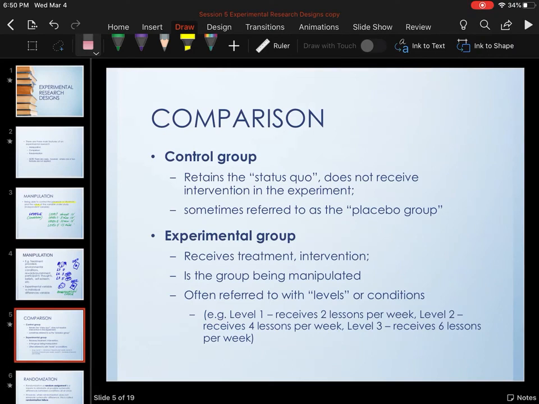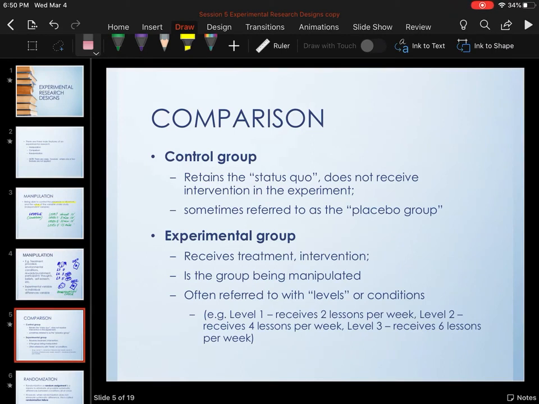In coding your control group, some experimenters refer to it as level 0. In some cases, level 1, but more often, level 0. The other group is the experimental group, and it is the group that receives treatment or the intervention, and it is the group where the IV or the independent variable is being manipulated.